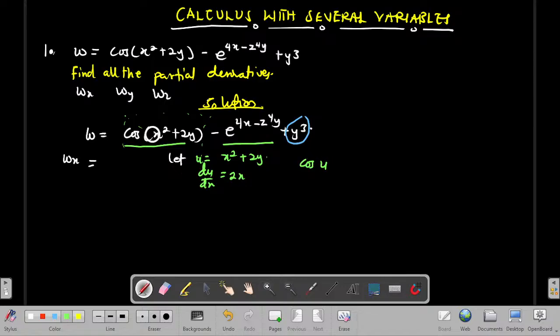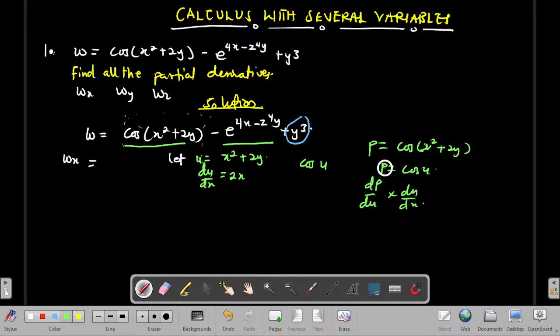So let's say this isolated section of our function can be called p, sine of x squared plus 2y. Then that means p is equal to cosine u. Therefore, the derivative of this entire thing is going to be a chain: dp/du times du/dx, right?